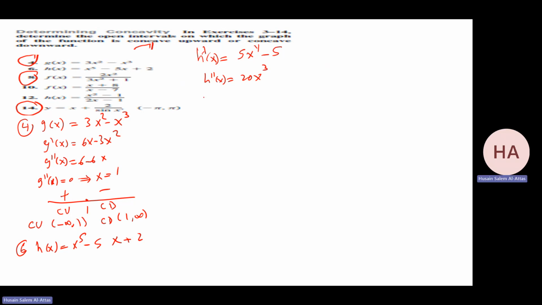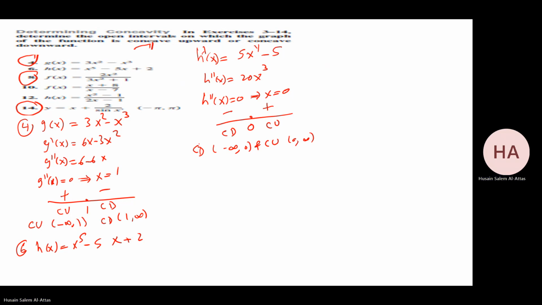Make it equal to 0. I'm getting x equals 0. Put the 0: this is negative, this is positive. Concave down, concave up. So concave down from minus infinity to 0, concave up from 0 to infinity. Okay, the easy one. These are easy ones.